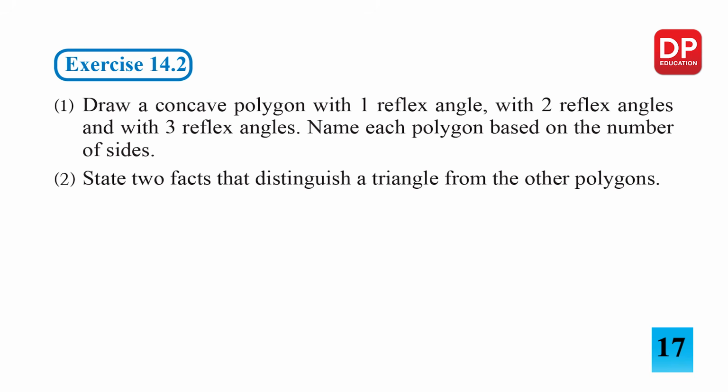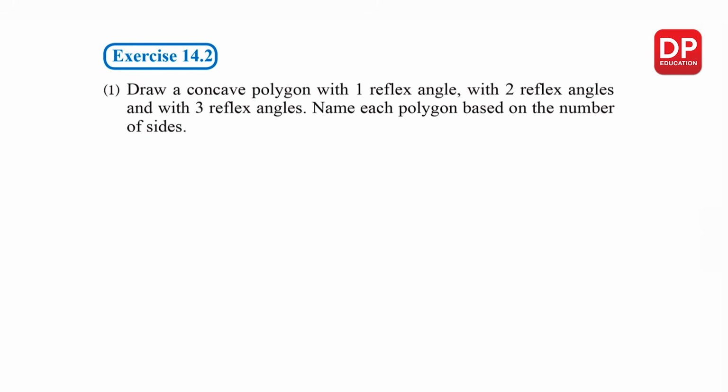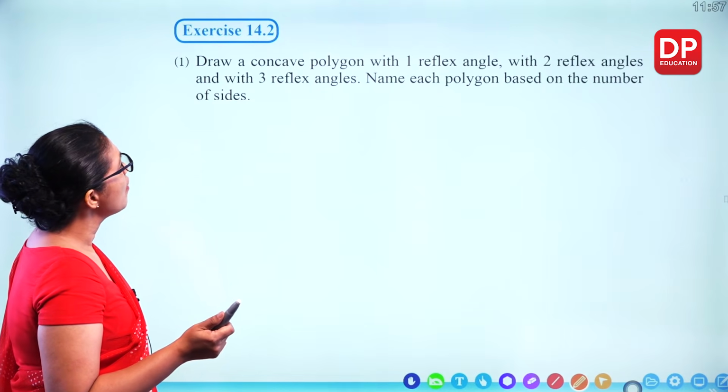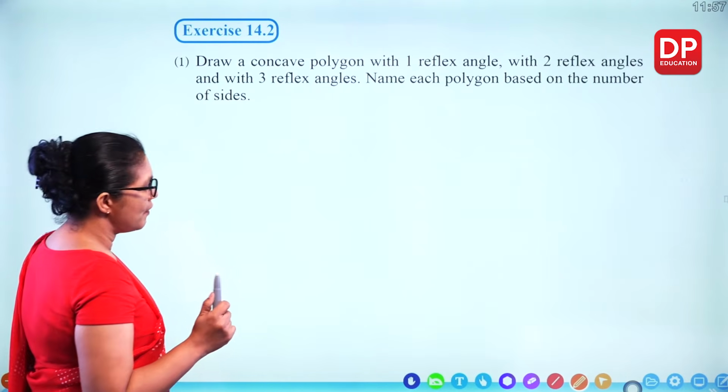Exercise 14.2. Draw a concave polygon with 1 reflex angle, with 2 reflex angles and 3 reflex angles. Name each polygon based on the number of sides. So any concave polygon with 1 reflex angle.